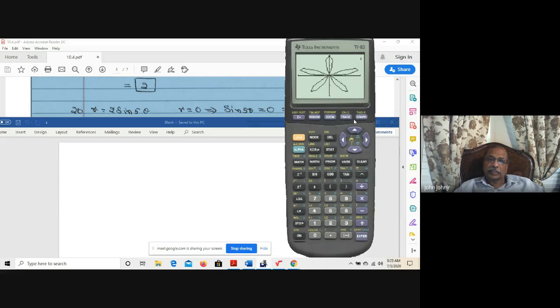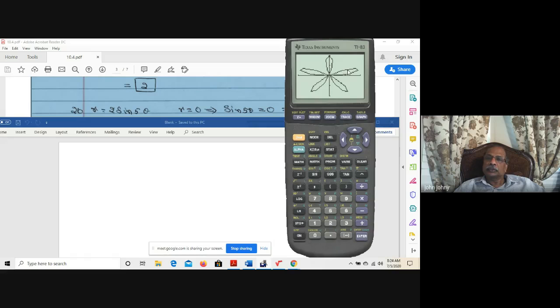And here the question is, find the area of one loop. So we are concentrating on this loop. I did not draw the figure, but this is the figure. For this one particular loop, we have to see what the limits for theta are.